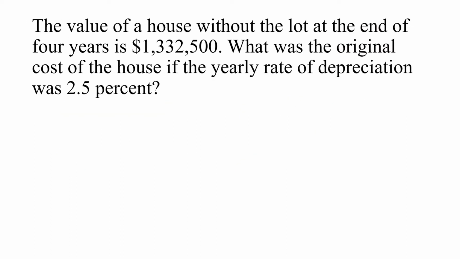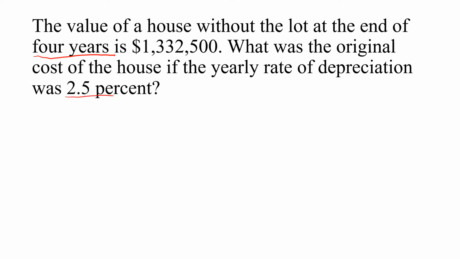The value of a house without the lot at the end of 4 years is $1,332,500. What was the original cost of the house if the yearly rate of depreciation was 2.5%? This is very similar to the previous question.